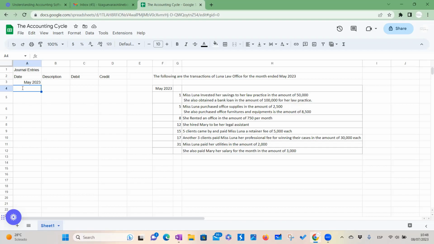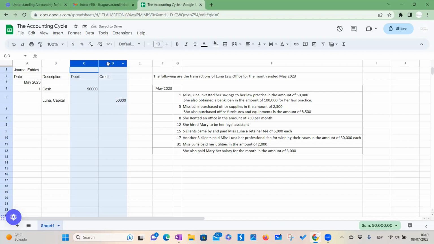So on May 1, that is the date, the first transaction is she invested 50,000 in cash and we credit Luna Capital in the same amount of 50,000. So let's format this one and this one.